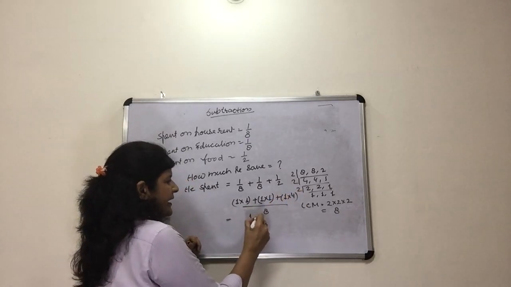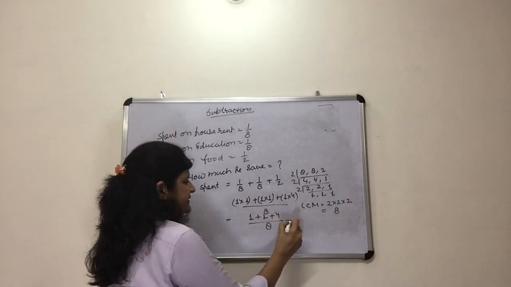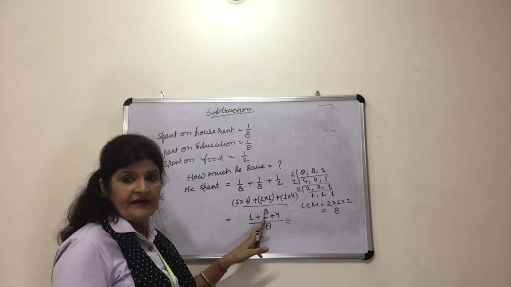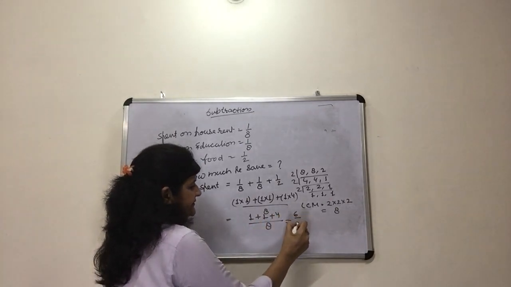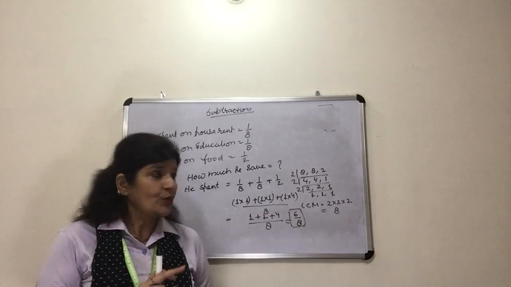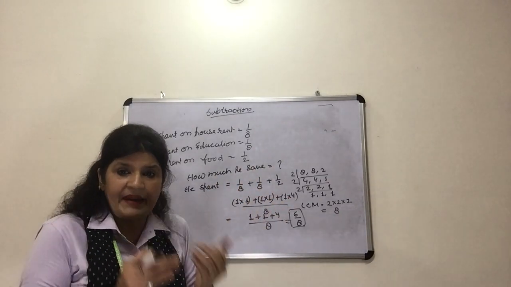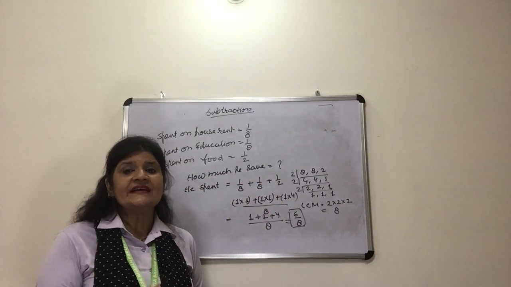So 1 plus 1 plus 4 is upon 8. 4 plus 1, 5. 5 plus 1, 6. So he spent 6/8. Now the question is how much he saved. This is how much he spent, but the question is how much he saved.